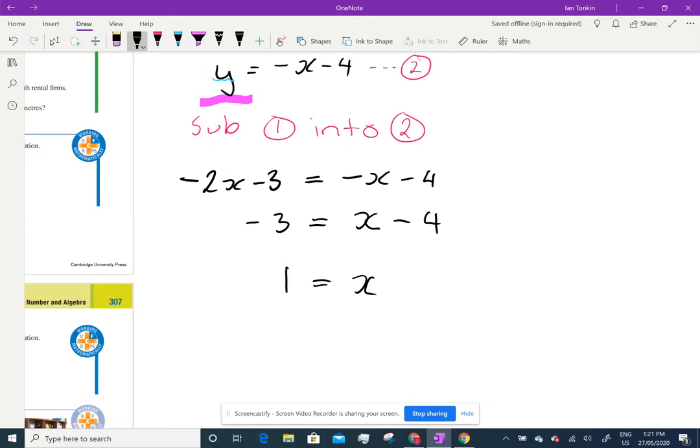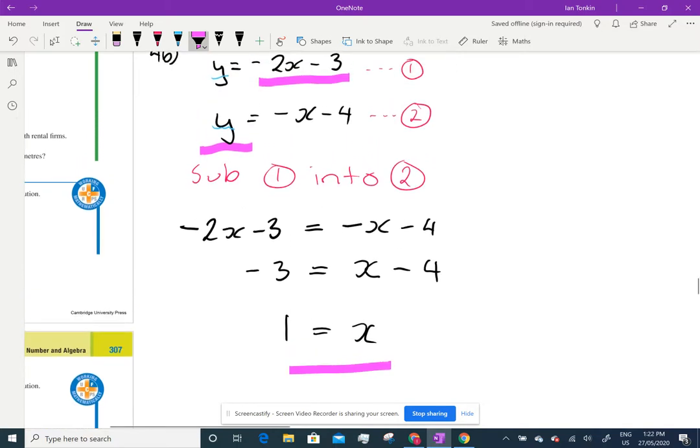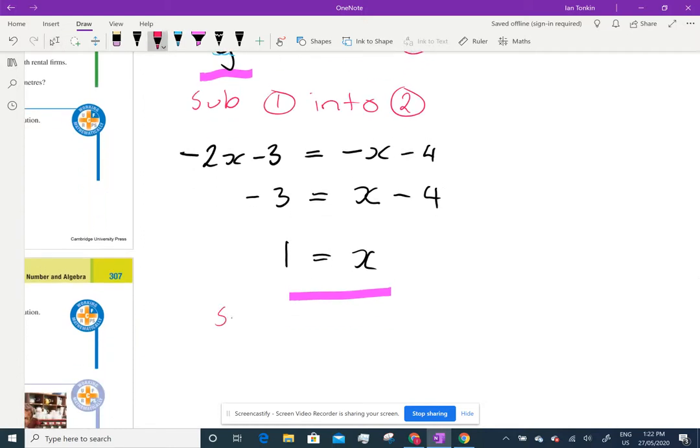Success criteria number 5 says I can substitute the solution into one of the first equations. It doesn't matter which one I choose, but I always try to choose an easier one to find the second variable. So I'm going to sub x equals 1 into equation number 2.